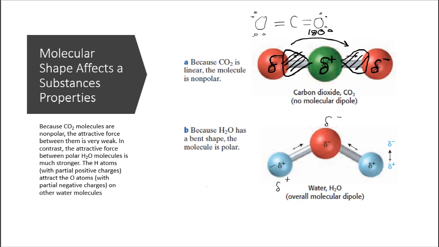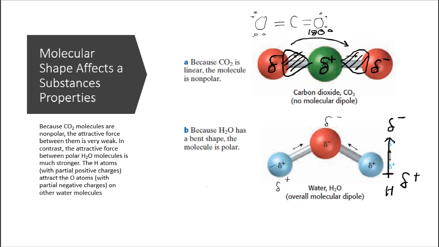For water, on the other hand, the hydrogens on either side are at an angle, so they're not pulling directly opposite to each other. The end result is that the end that has the hydrogens is slightly positive, and the end that has the oxygen is slightly negative.